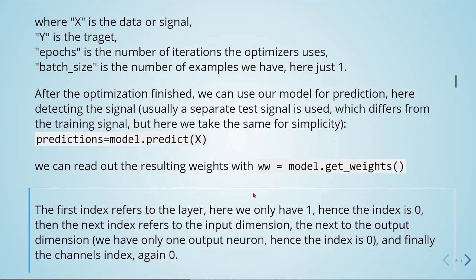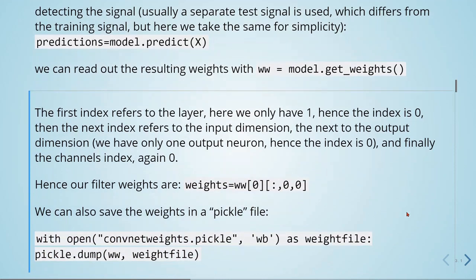We can also read the resulting weights using this. The first index refers to the layer. Here we only have one layer, so we have the index 0. Then the next index refers to the input dimension, the next to the output dimension.